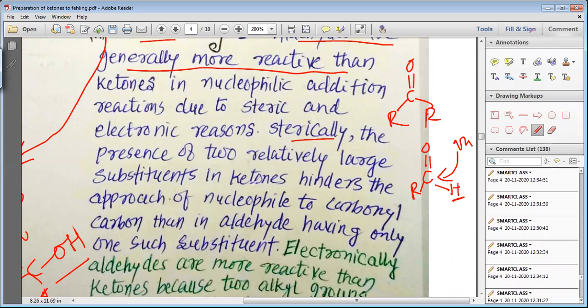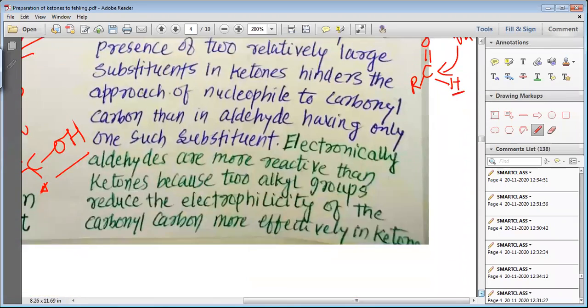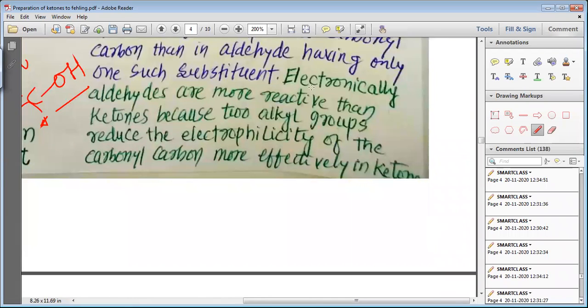That is what we have studied sterically: the presence of two relatively large substituents in a ketone hinders the approach of the nucleophile to the carbonyl carbon, while an aldehyde has only one such substituent. Electronically, aldehydes are also more reactive than ketones, because two alkyl groups reduce the electrophilicity of the carbonyl carbon.